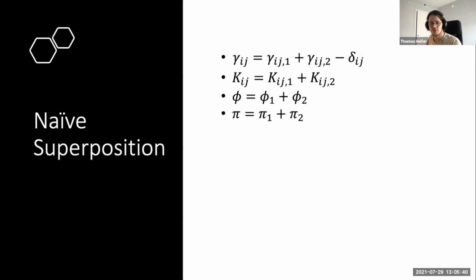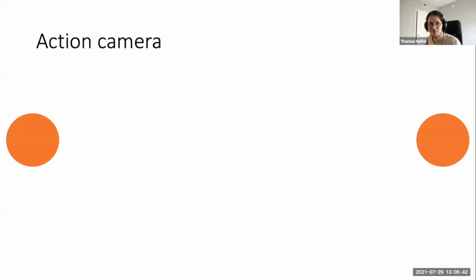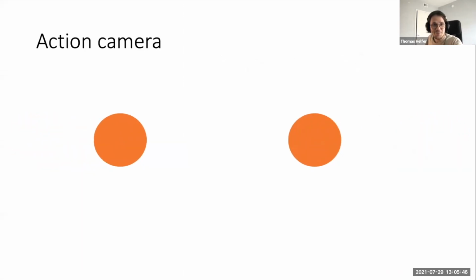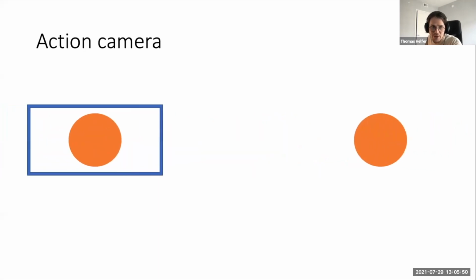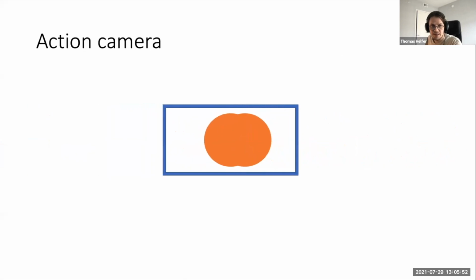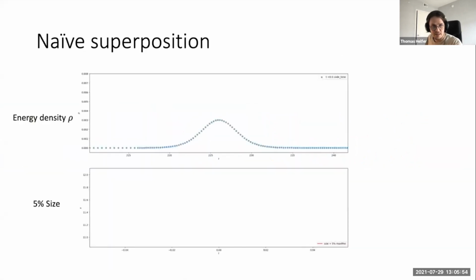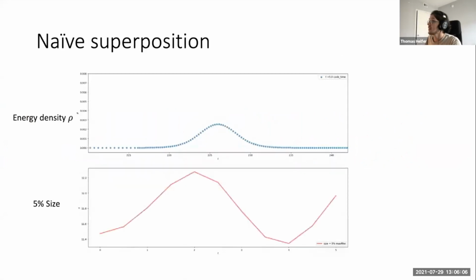Let's see what happens. I'm introducing now the action camera. As the two boson stars fall in, we put a frame around one and follow it as it falls in. This is the action camera, with two boson stars, and we just follow one as it falls in.